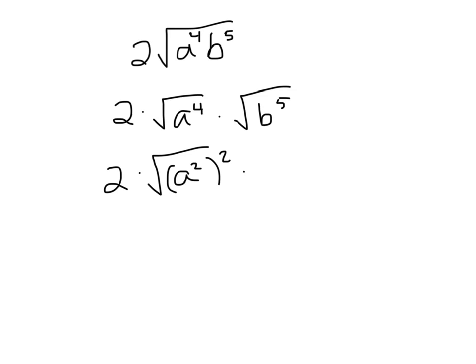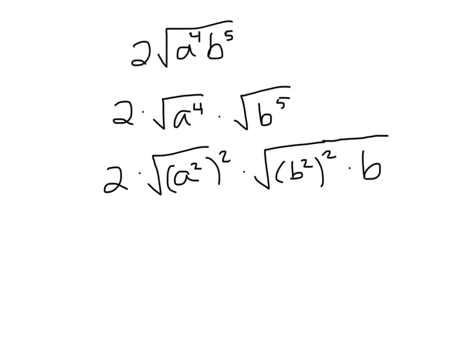We can look at b to the fifth as b squared to the second power, times b, because we need to get b to the fifth. B to the fourth times b to the first, remember multiplying like bases, add your exponents, is b to the fifth.